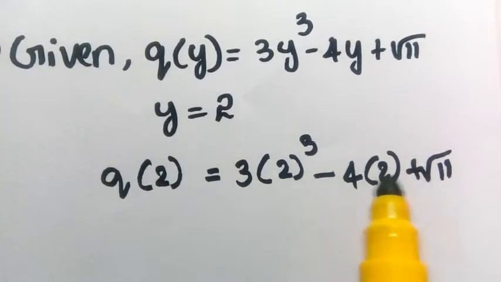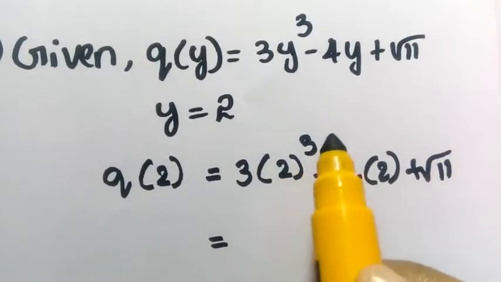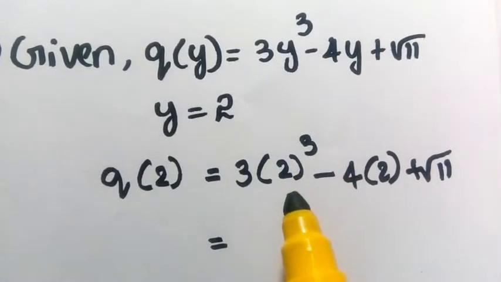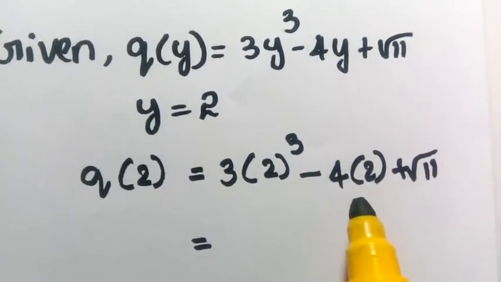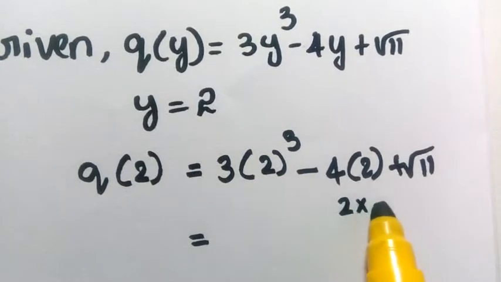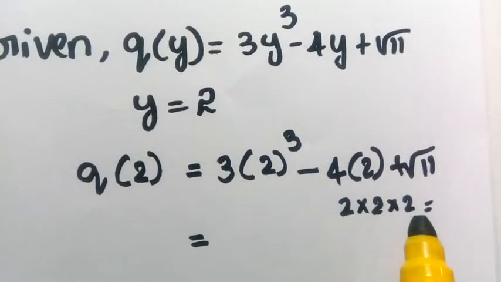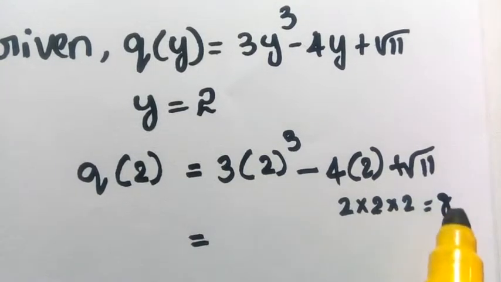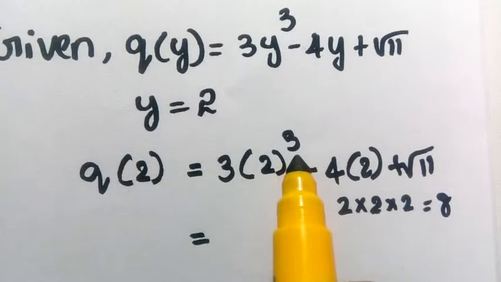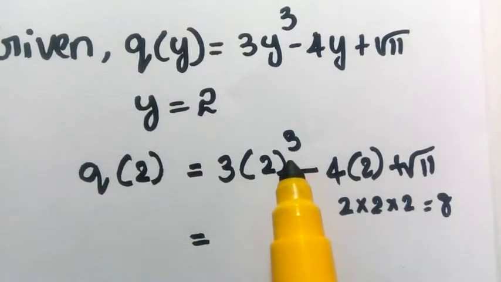Now we need to solve it. Is equal to 3 into 2 cube. Children, what is 2 cube? 2 cube means 2 into 2 into 2. What is 2 into 2 into 2? Which is equal to 8. So 2 cube is equal to 8. Thus 3 into 2 cube means 3 into 8.